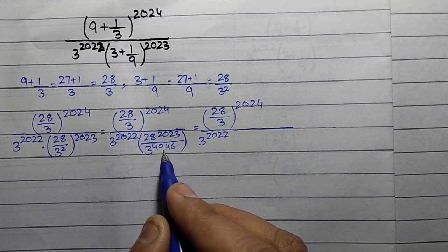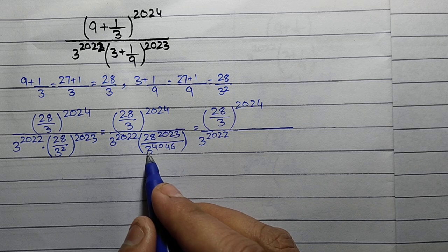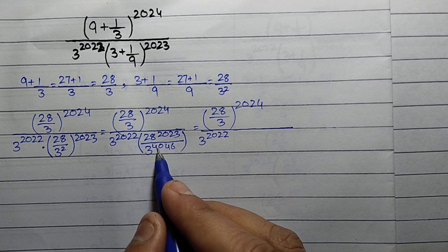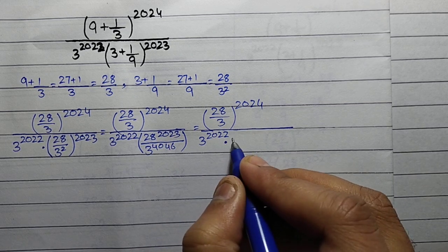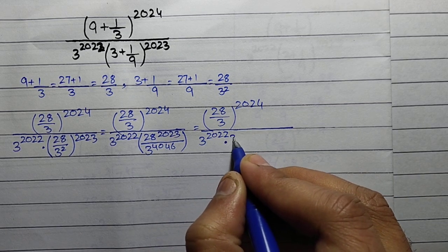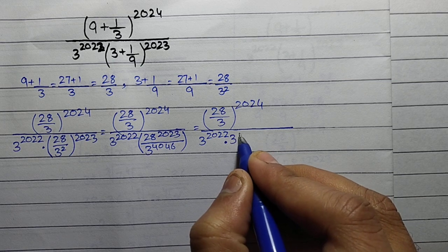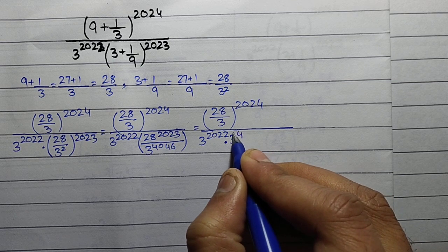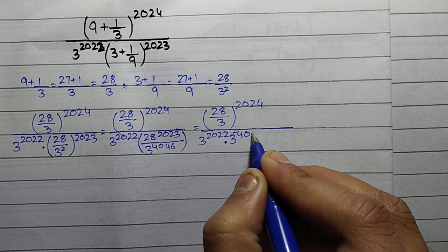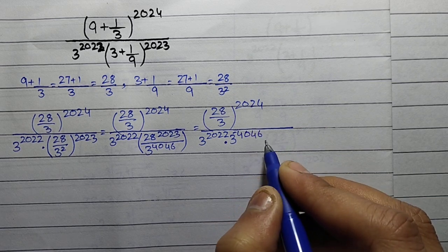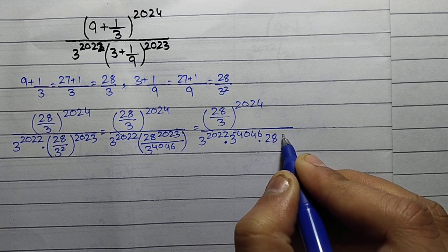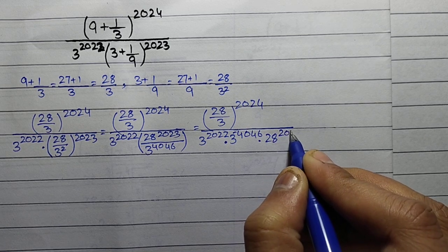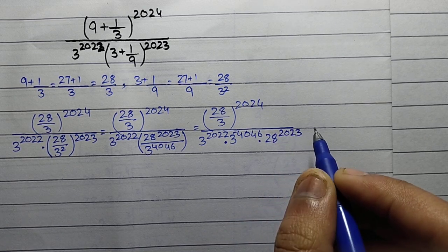And now what I will do is that I will bring this 3 raised to power 4046 on the upper side, so I will write this times 3 raised to power, this will be now minus 4046 times 28 raised to power 2023.